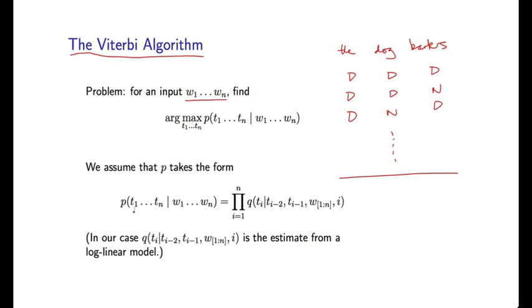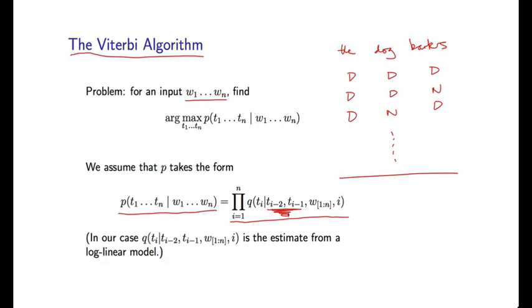And the critical observation is that we're going to make the assumption that this conditional probability takes the following form. So notice I have a product from i equals 1 to n, and I have q of ti, given the previous two tags, the entire sentence, and the position. The key property of this definition is that at each point I condition just on the previous two tags.